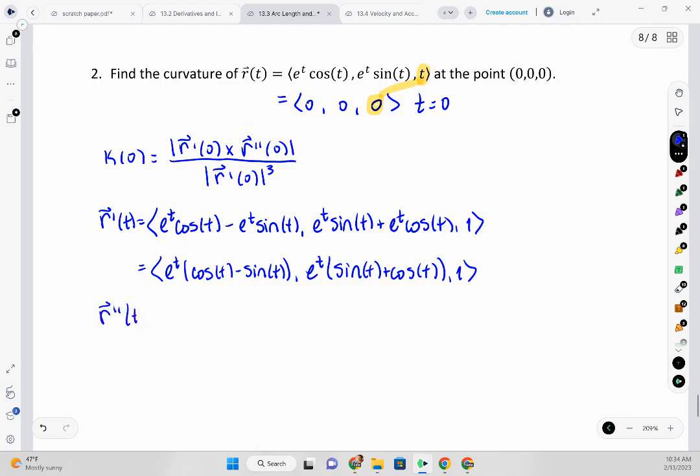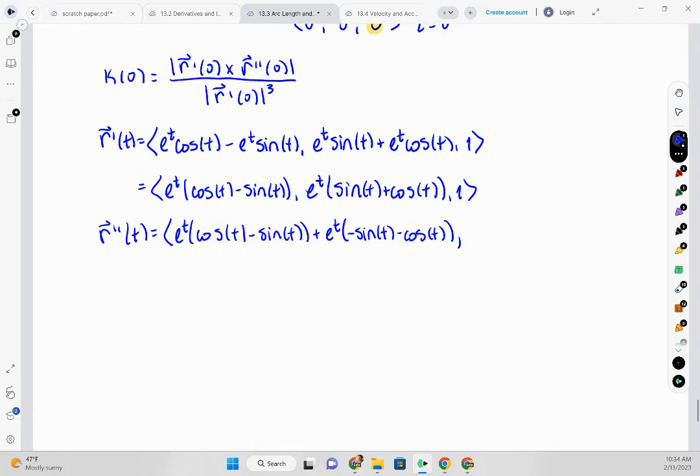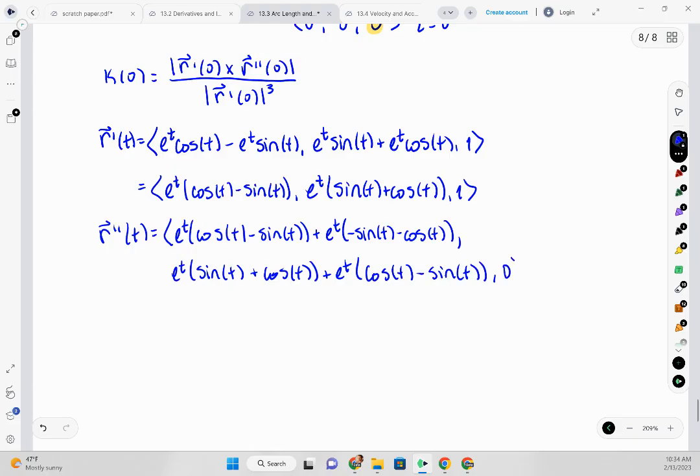Okay, r double prime of t is e to the t times cosine of t minus sine of t plus e to the t times minus sine of t minus cosine of t. I have to write my vector on a few lines. My second component is e to the t times sine of t plus cosine of t plus e to the t times cosine of t minus sine of t. And then the derivative of 1 is 0.